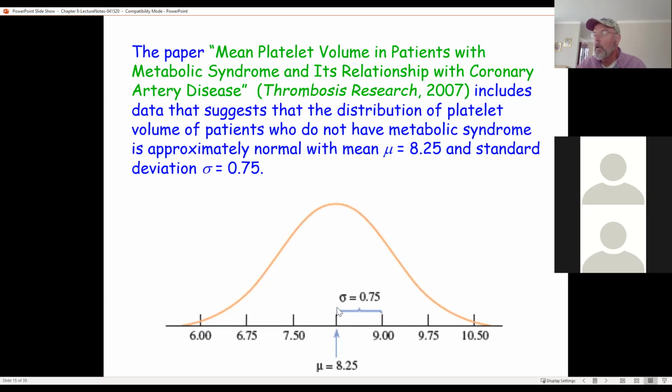Here's the center, and the standard deviation goes 1 standard deviation above the mean.